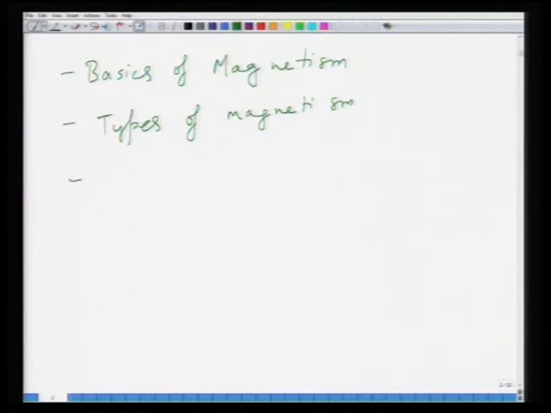This will be followed by discussion on, for instance, diamagnetism, paramagnetism.